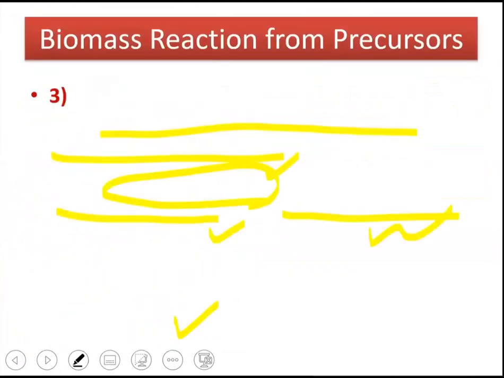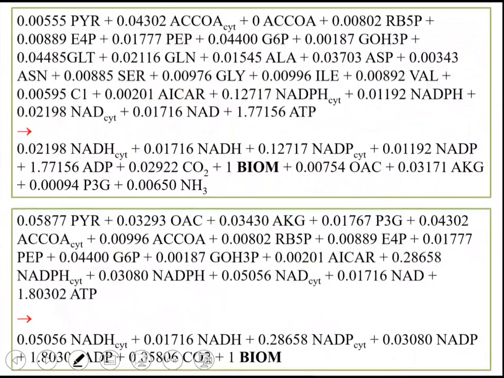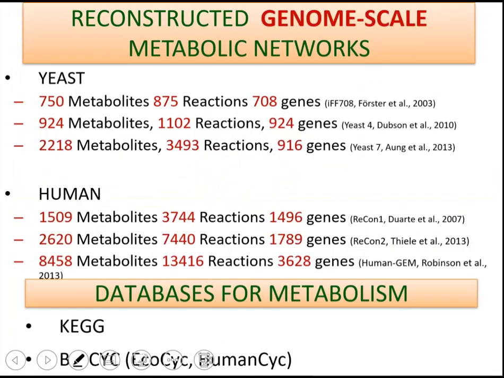And at the end, we will have biomass formation reactions in terms of precursor metabolites and required NADH, NADPH, and ATP, etc. So this is the third approach, as I said, used in the 90s.